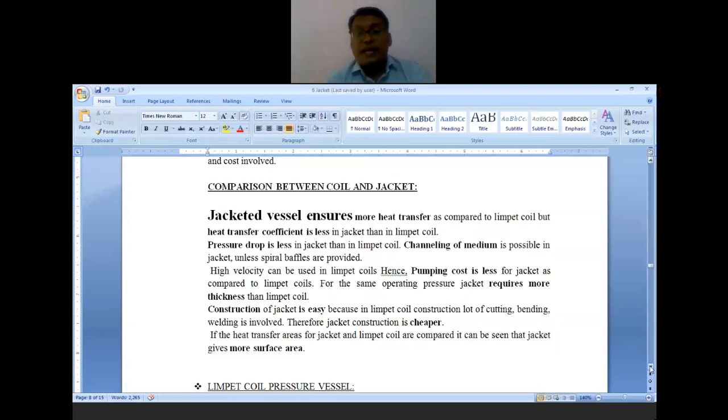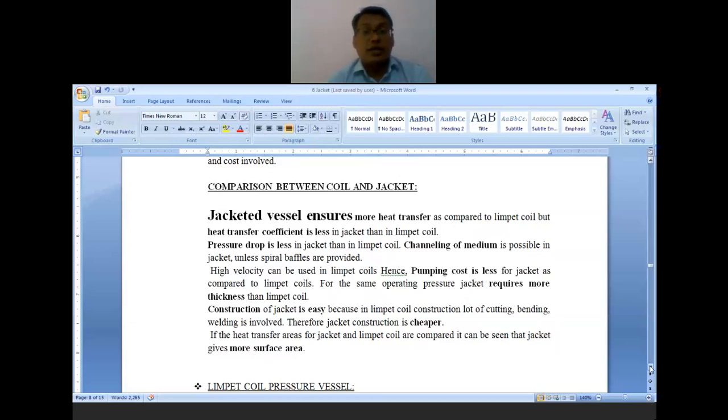However, for the same operating pressure, a jacket requires more thickness than the limpet coils because the coils itself provide the strength. Then construction of a jacket is easy in comparison with the limpet coils, because for limpet coils you have to cut the pipes and weld throughout, and this welding incorporates additional cost.